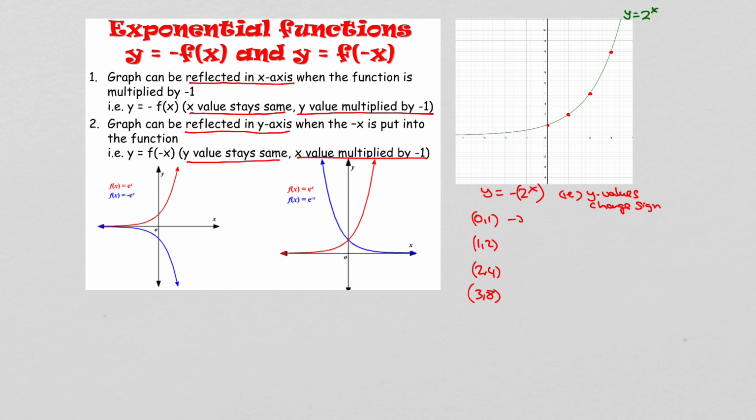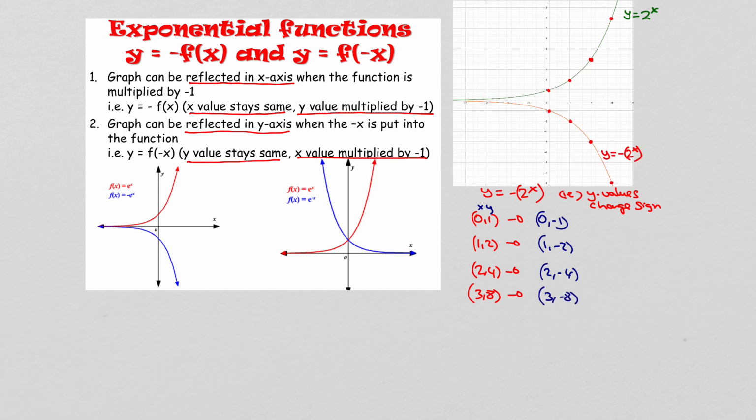So therefore, each of these values, the x will stay the same, but the y will change its sign. So we have 0, minus 1, 1, minus 2, 2, minus 4, and 3, and minus 8. So again, what we can see is that each of our points have moved down. So they've been reflected around that x-axis.